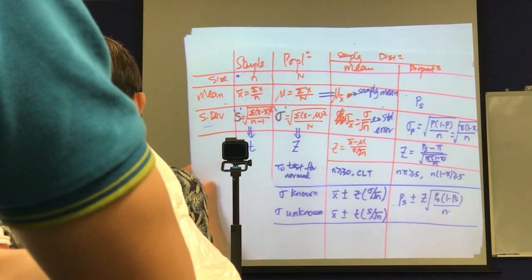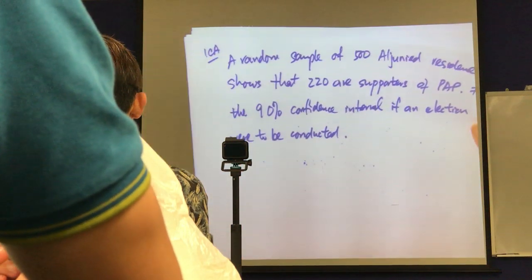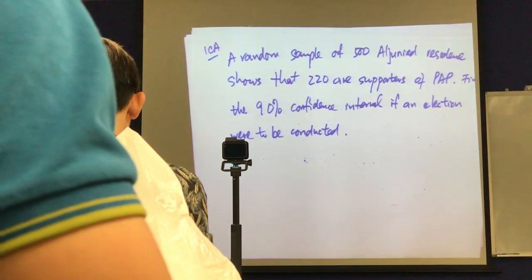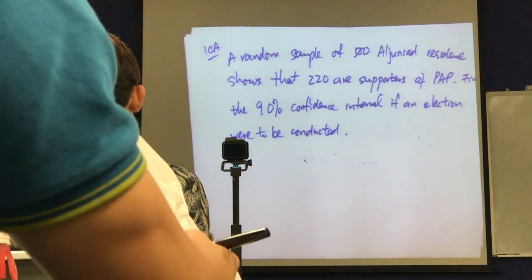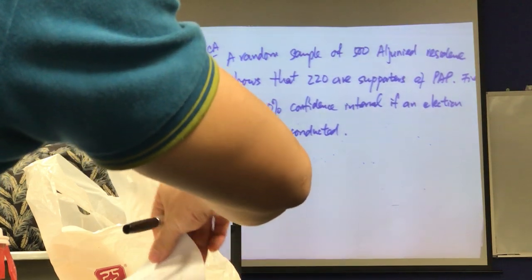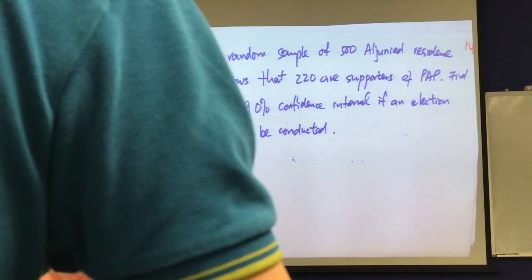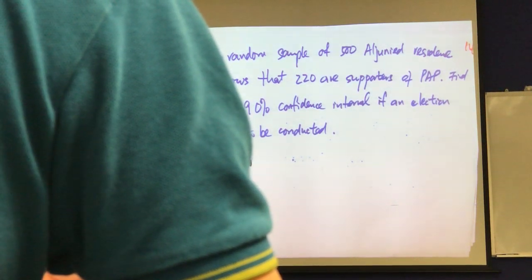Something that all of you Singaporeans, not me, I cannot vote. Let's try this one here. And this is what every Singaporean, the government will do. A random sample of 500 is alternate opposition? Yes. I thought MacPherson. No, alternate.